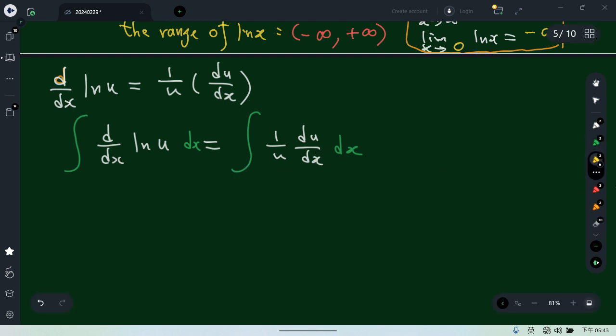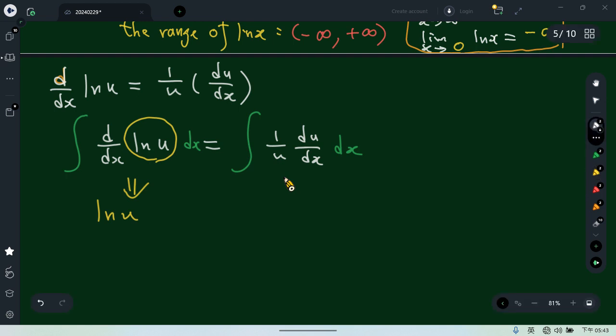For the left hand side, when I differentiate this, then integrate this, I can get ln u back, by the fundamental theorem. When I differentiate something, then immediately integrate the result, I can get it back, right?